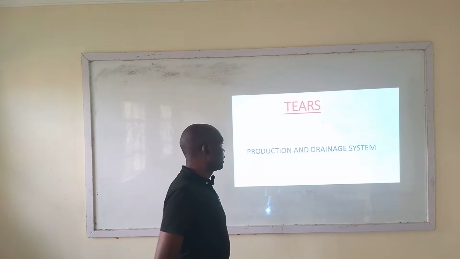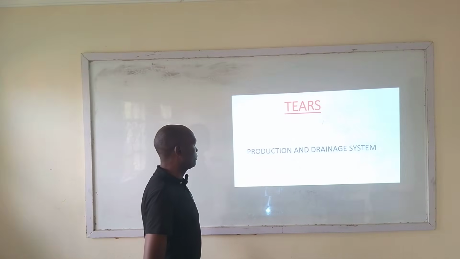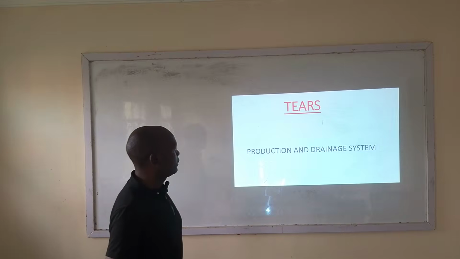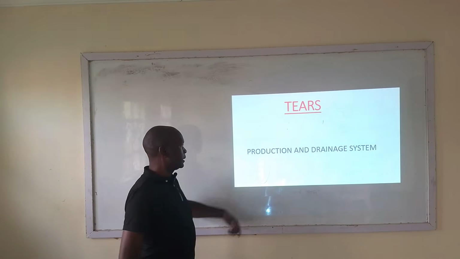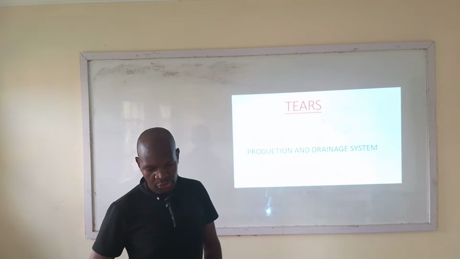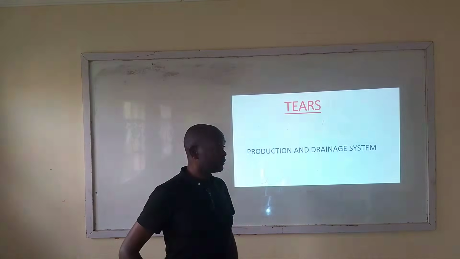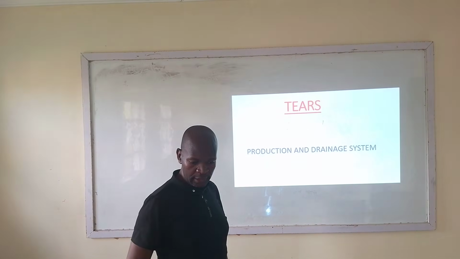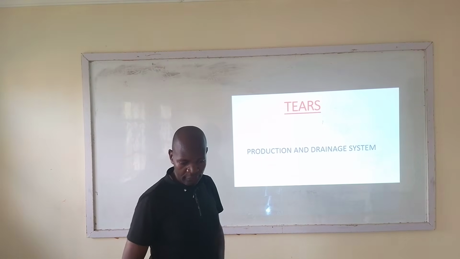But before we go into details of dry eye syndrome, it is actually important to understand the production and drainage of tears. So we have to look at the production of tears, is one.